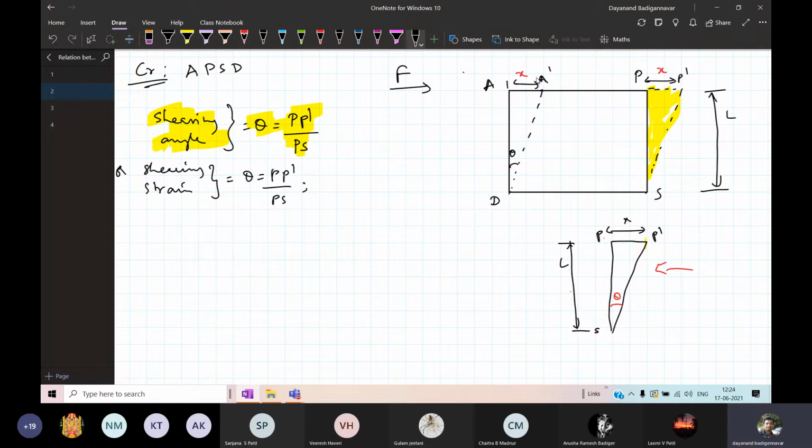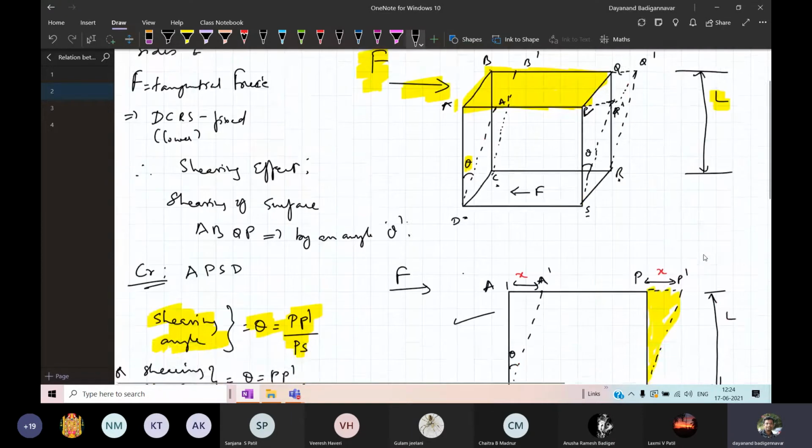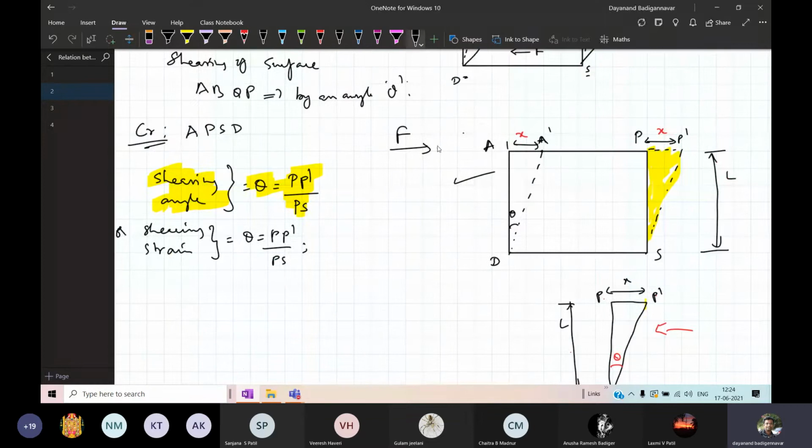So what I will do is I will redraw this diagram again for your case here. I can draw it here itself, no issues. Now I have the same diagram. I have taken the surface F, and by the application of the force, the points are under shearing. A gets shifted to A dash, P gets shifted to P dash. This is the shearing effect that has taken place.